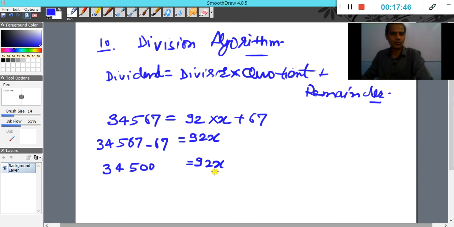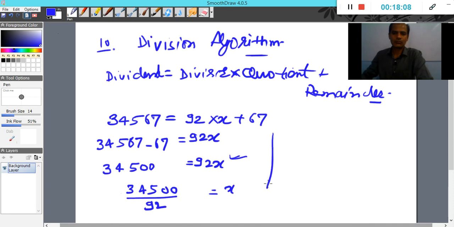So जब भी आपको x पता करना हो, आपको इस नंबर को 92 से डिवाइड करना होगा because it is a linear equation and the multiplication is converted into division on other side. It means x is 34500 upon 92.